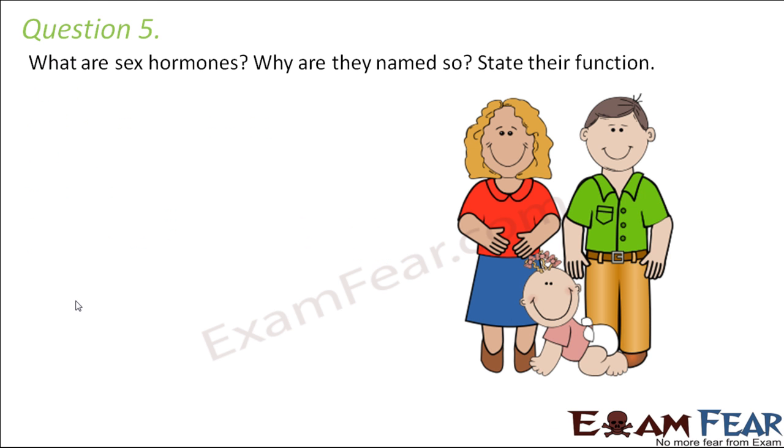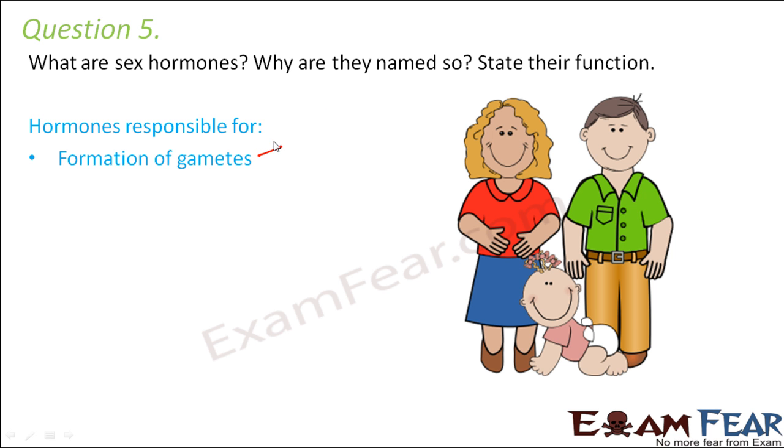Question number 5. What are sex hormones? Why are they named so? State their function. We have discussed so many different types of hormones released from different endocrine glands. But the hormones released from testes and ovaries are responsible for formation of gametes, and these gametes are responsible for sexual reproduction and also for secondary sexual characters like the development of breasts, menstrual cycle, beards, mustaches, all these things.